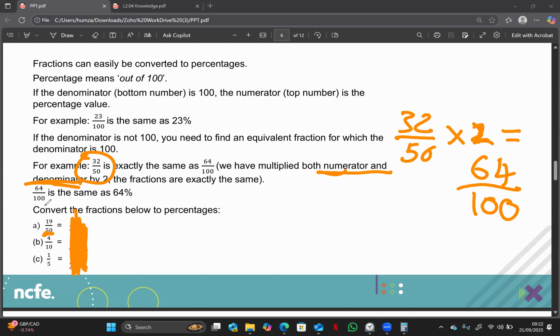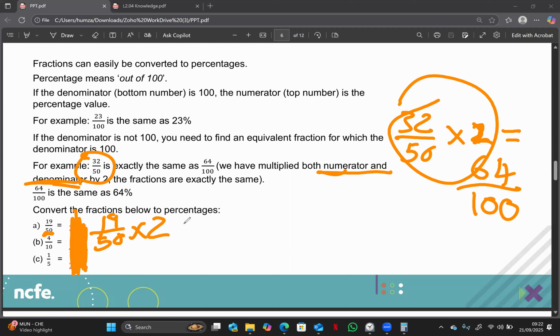It's the same concept. What have I done here? You multiply it by 2.